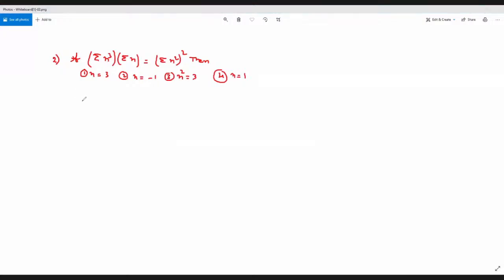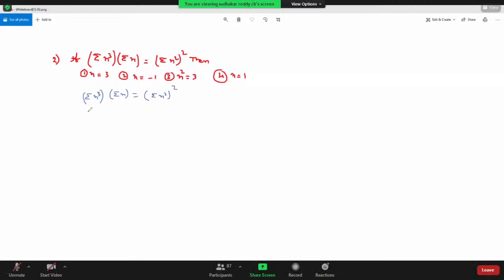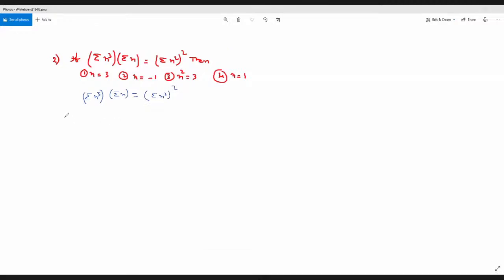So here given sigma n power 3 into sigma n is equal to sigma n square whole square. Sigma n cube formula is n square into n plus 1 whole square by 4, into sigma n, which is n into n plus 1 divided by 2.